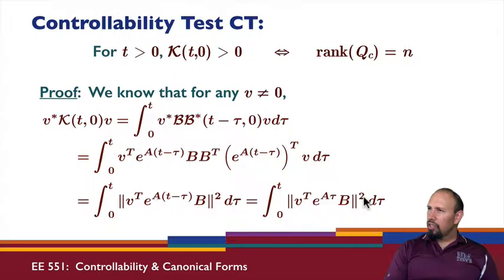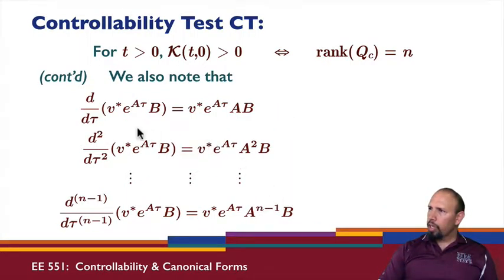So what does this mean? Well, this quantity right here, v transpose e to the A tau B, is an important quantity, so we're going to look at it in more detail. In particular, we're going to look at its derivatives. If I differentiate this with respect to tau, notice that this is the only part that depends upon tau.